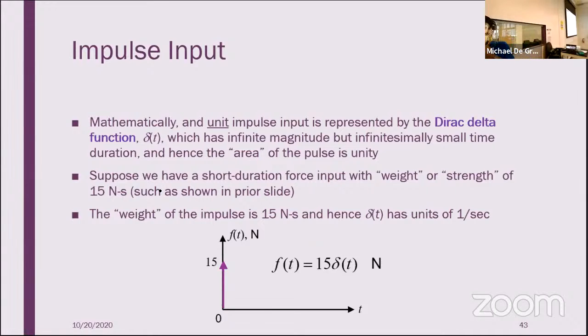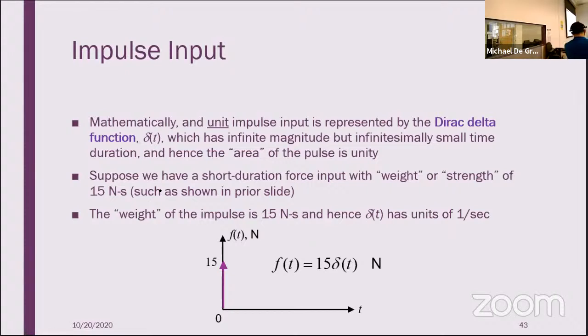So if we have a short duration impulse with a strength of 15 Newton seconds, the weight of the impulse is thus 15 times the Dirac delta.